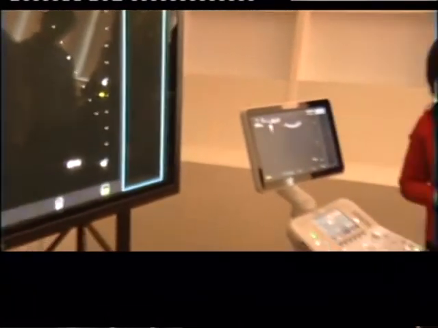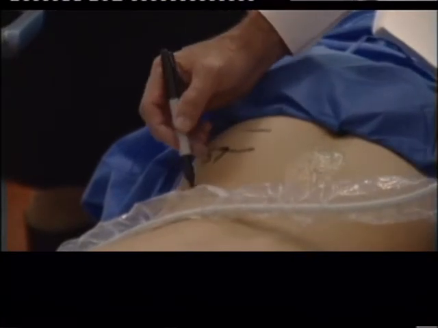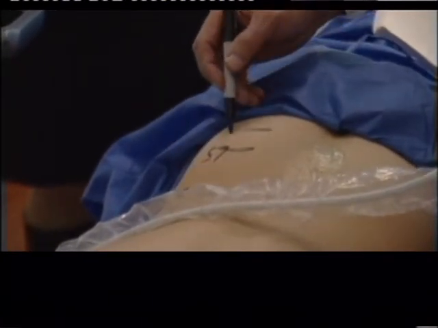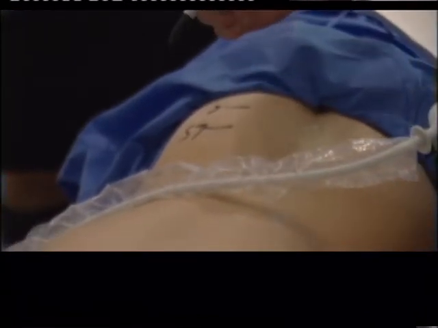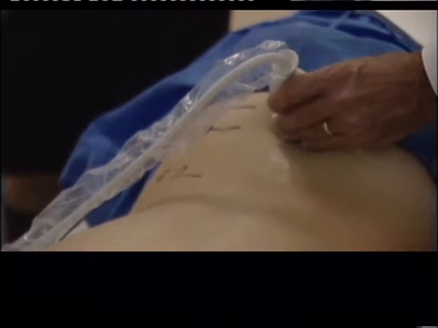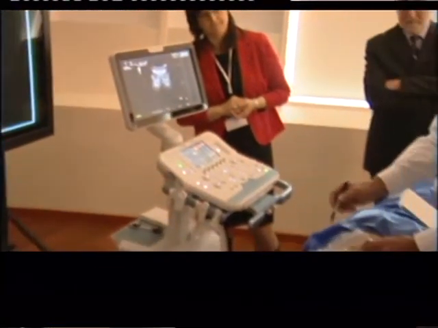So I know L5, and then this is L3, and this is S1, the caudal hiatus. It's very small. This is S1, fifth lumbar, L5. See, so then I know.